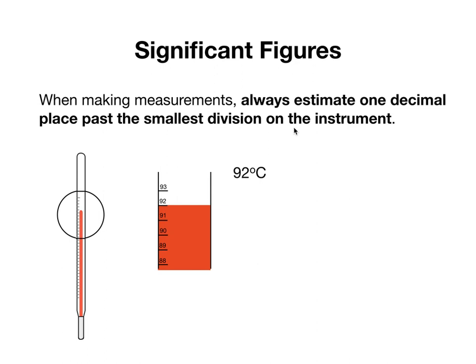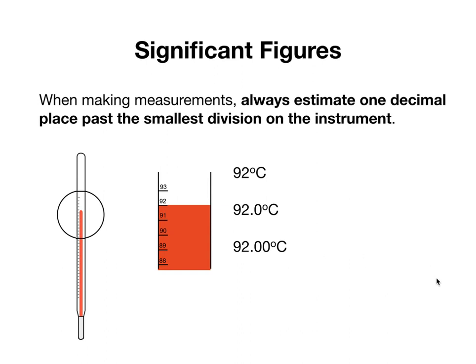So, look at what we said right here. Look at what's in bold. We always estimate one decimal place past the smallest division. So what do you think we would say here? Would we say 92 degrees, 92.0 degrees, or 92.00 degrees?